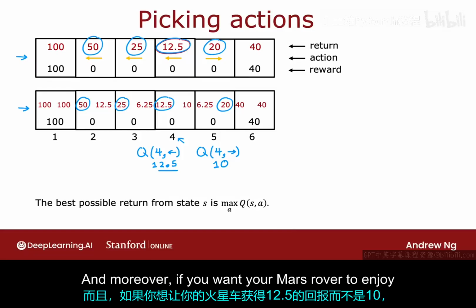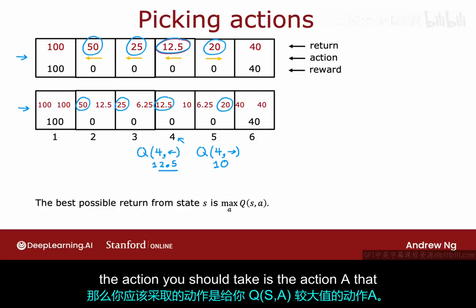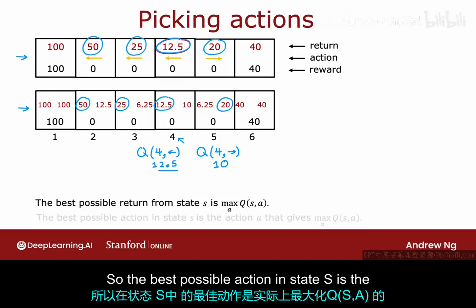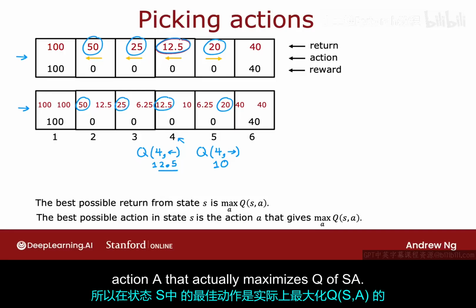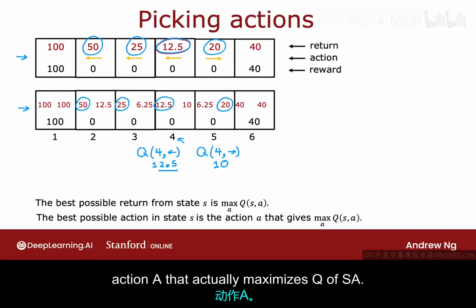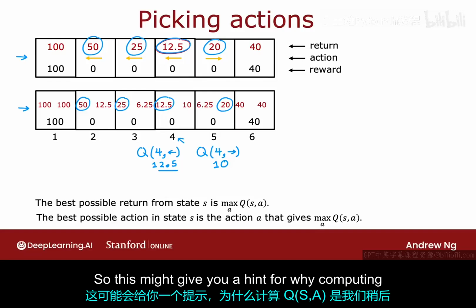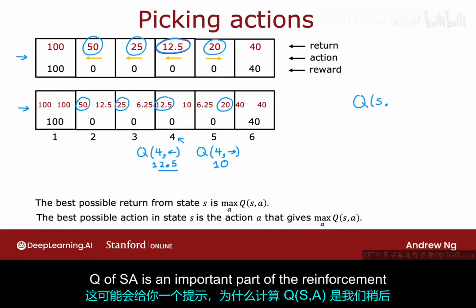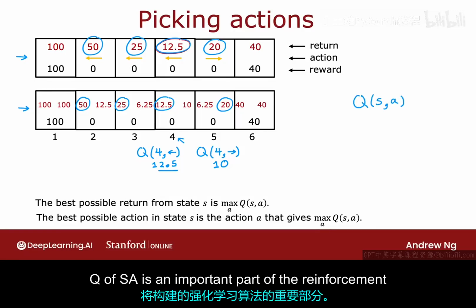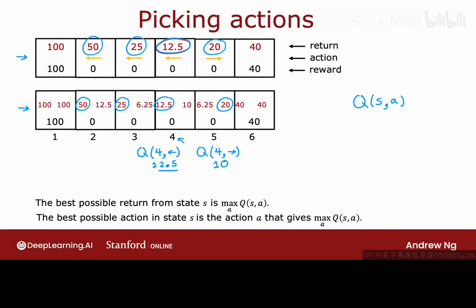And moreover, if you want your Mars rover to enjoy a return of 12.5 rather than say 10, then the action you should take is the action A that gives you the larger value of Q of S, A. So the best possible action in state S is the action A that actually maximizes Q of S, A. So this might give you a hint for why computing Q of S, A is an important part of the reinforcement learning algorithm that we'll build later.